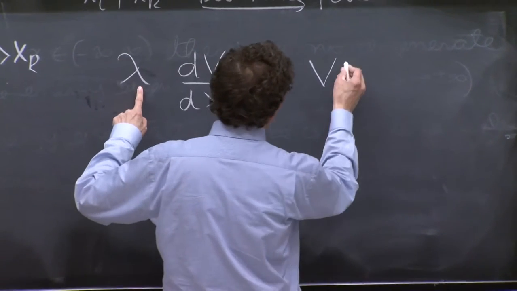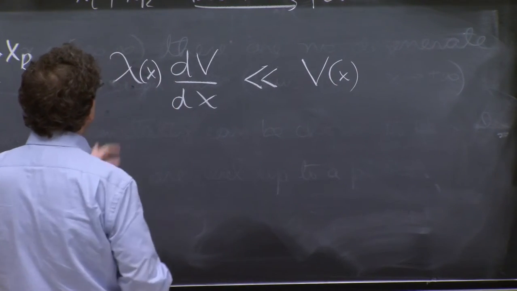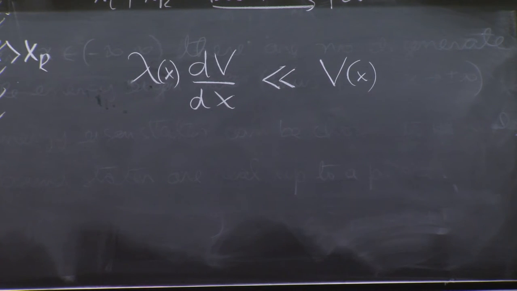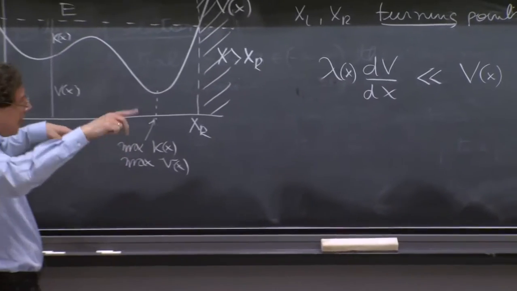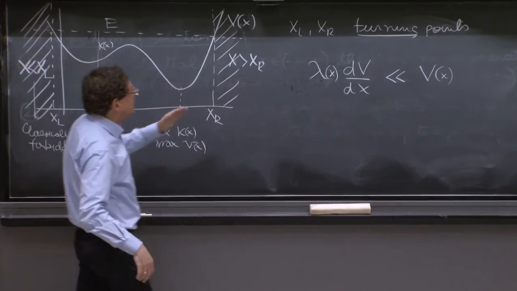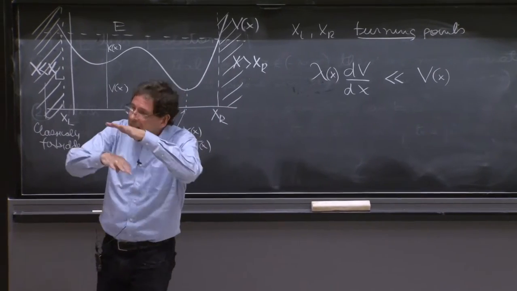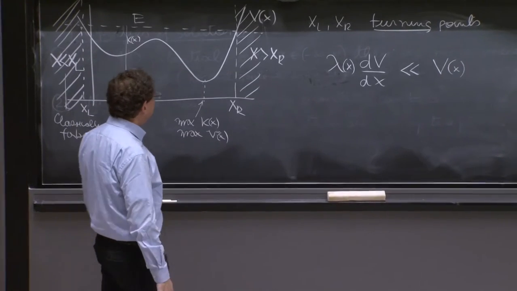And notice, of course, the potential is a function of x, and even lambda is a function of x. There's the de Broglie wavelength. Now, an exact solution will not be a sine or a cosine, so to say it has a precisely defined wavelength is an approximation. It's the approximation of slowly varying, but it's a nice approximation.